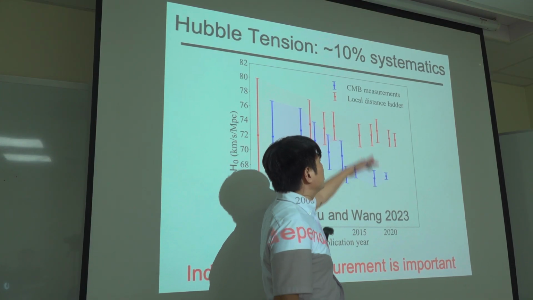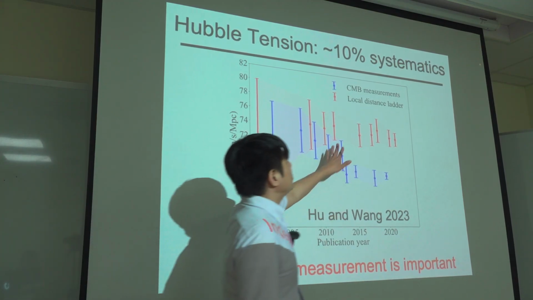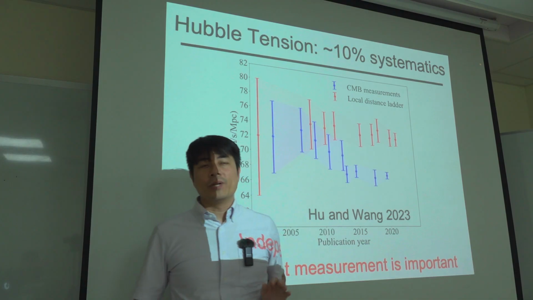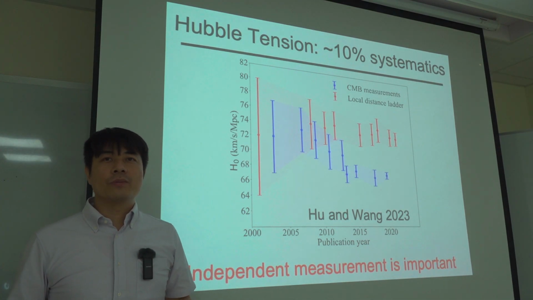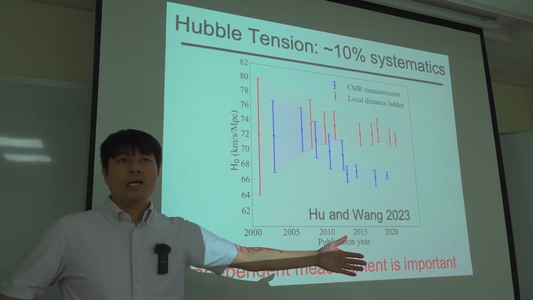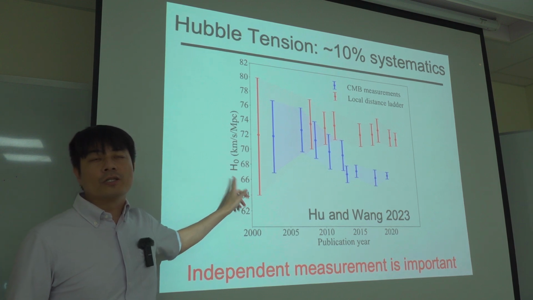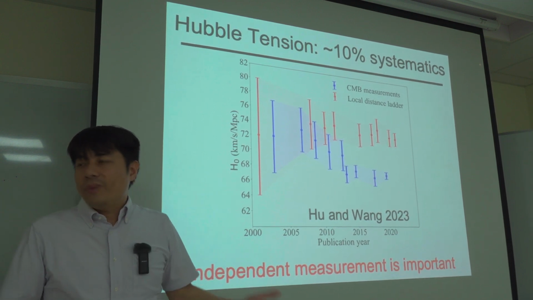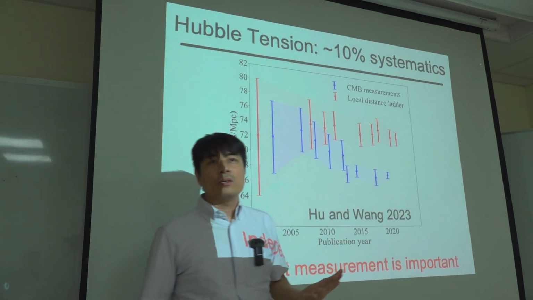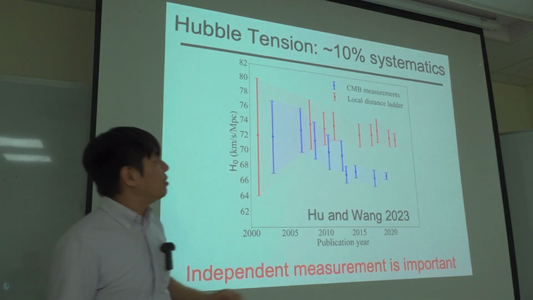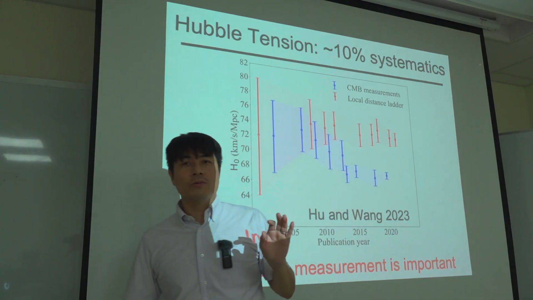They are different approaches, independent. Usually the local distance ladder is called the direct method, because in principle they don't assume any cosmological model. They simply measure distance and velocity and directly measure how fast the universe is expanding. Basically there's no model here. So it is a direct measurement. The CMB is model dependent, because they need to fit the model to the power spectrum of the CMB.